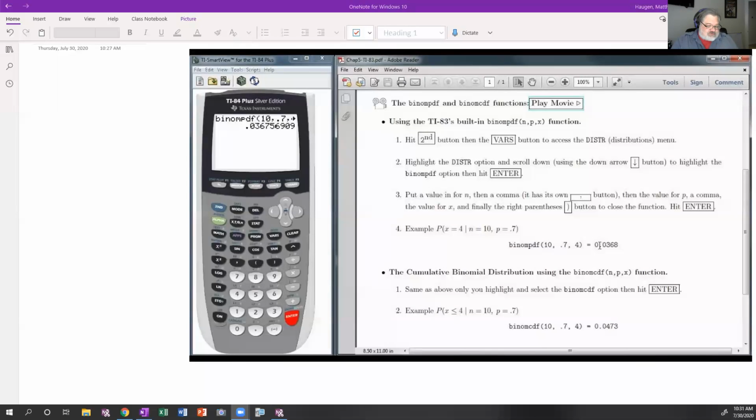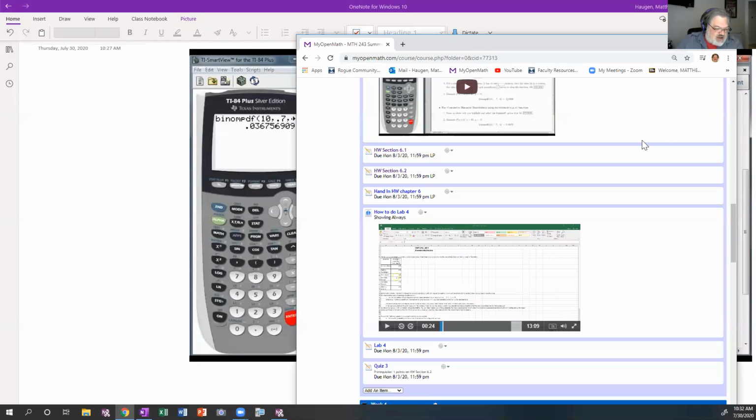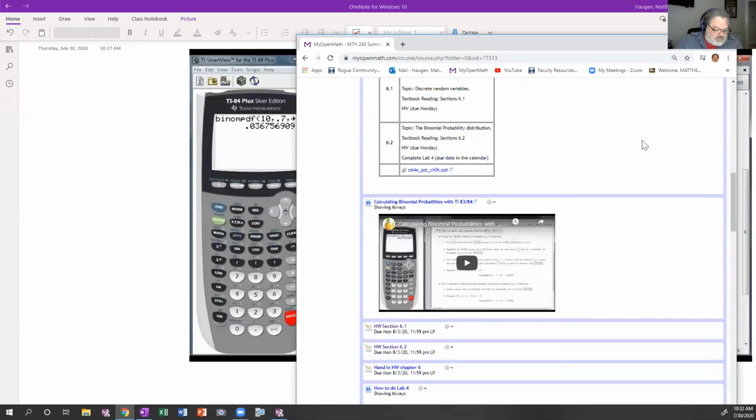So, as I said, the main part of our plan today is to do that lab 4. That lab 4 is under the week, actually I think it's under the week 3 tab. Yep.